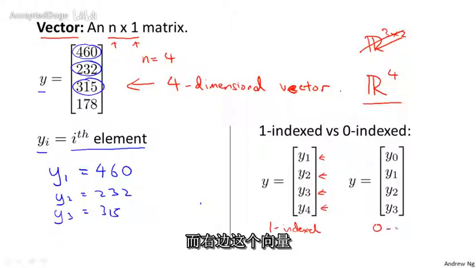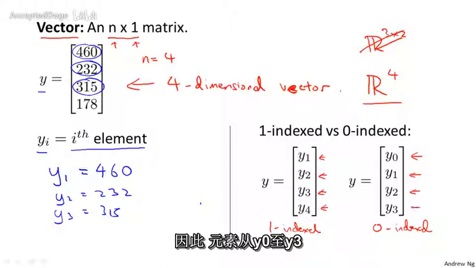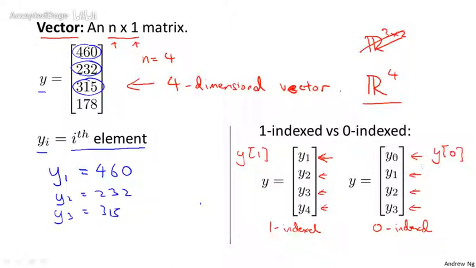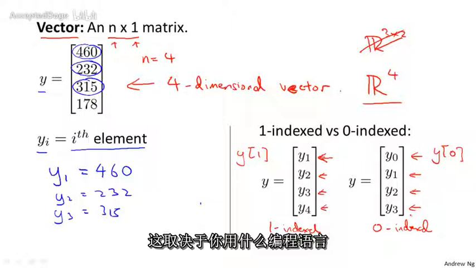The example on the right is a 0-indexed vector, where we start the indexing of the elements from 0, so the elements go from y0 up to y3. This is a little bit like the arrays of some programming languages, where arrays can be indexed starting from 1, or sometimes from 0, depending on what programming language you use.